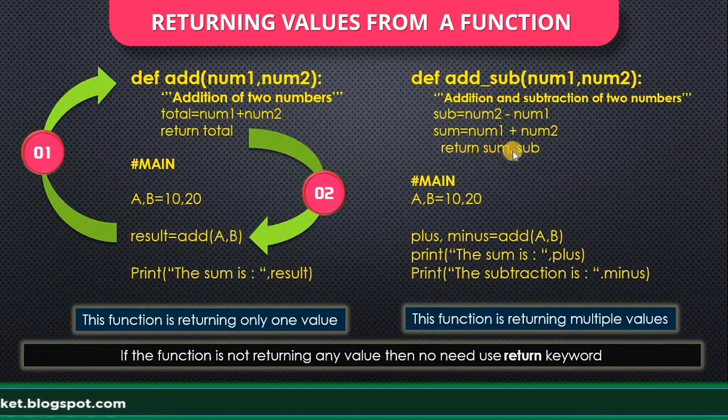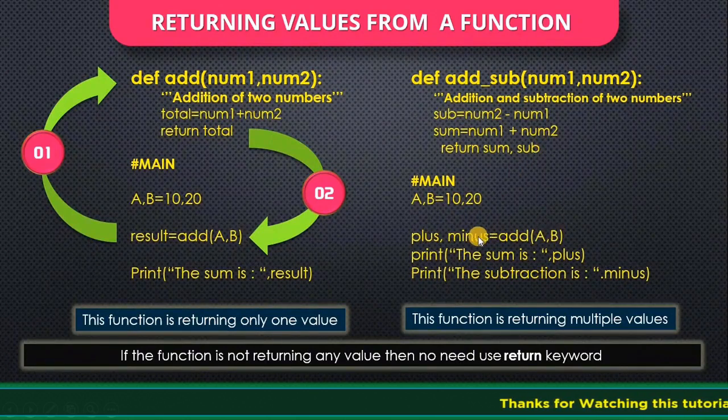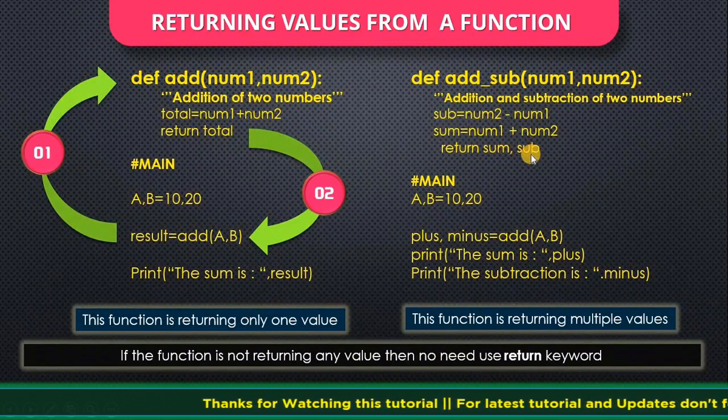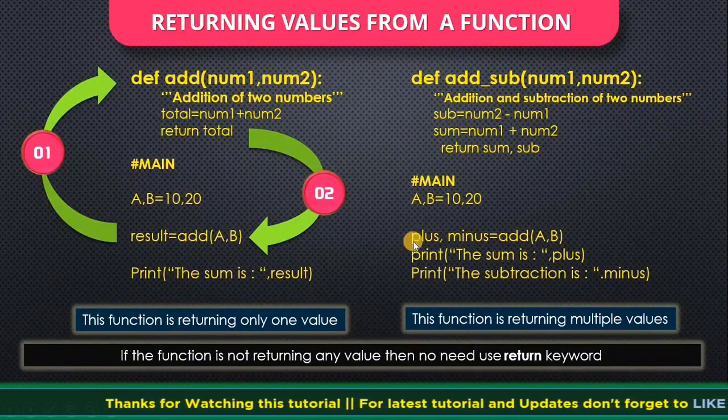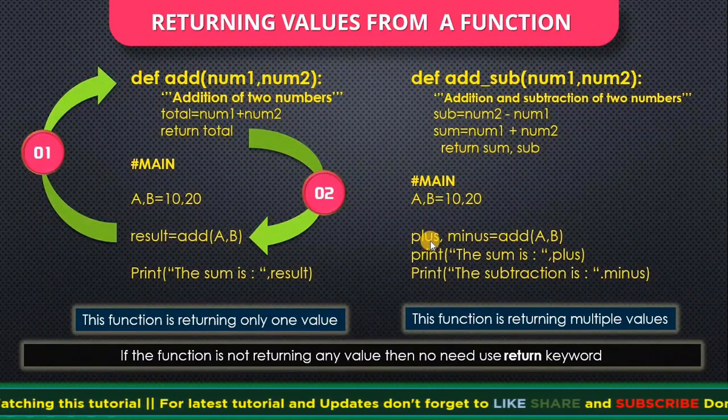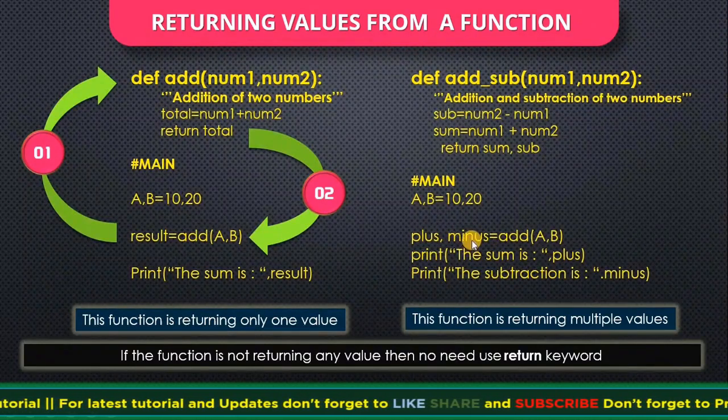All right, so when this sum and sub is written over here, sum will get stored inside plus and sub is going to be stored inside minus in the same order. So remember students, sum is written first, and sub is written second. That's why we need to arrange it in the same manner. First will be the sum result and next one will be the sub result.